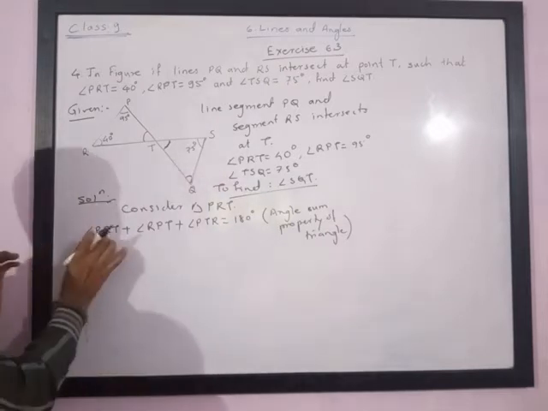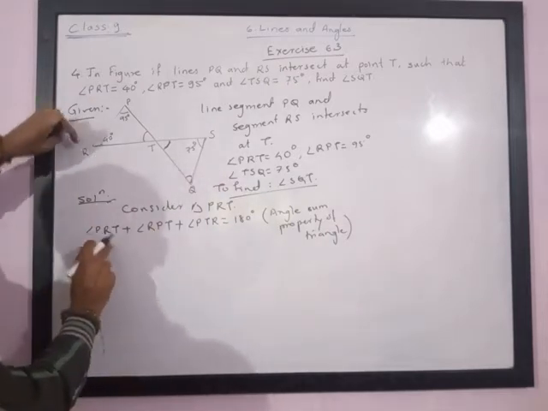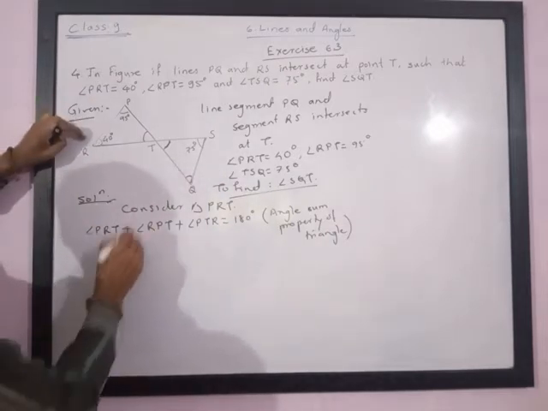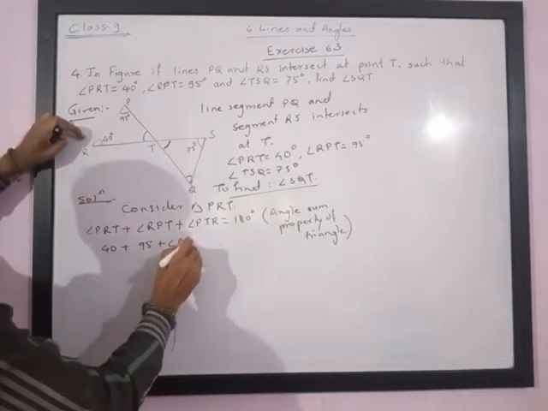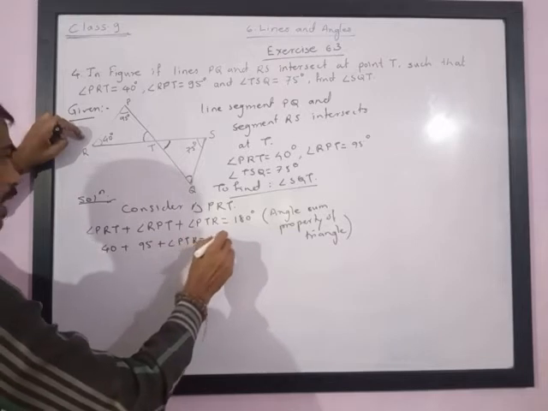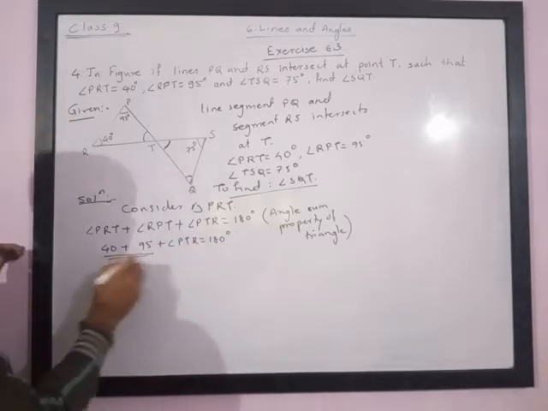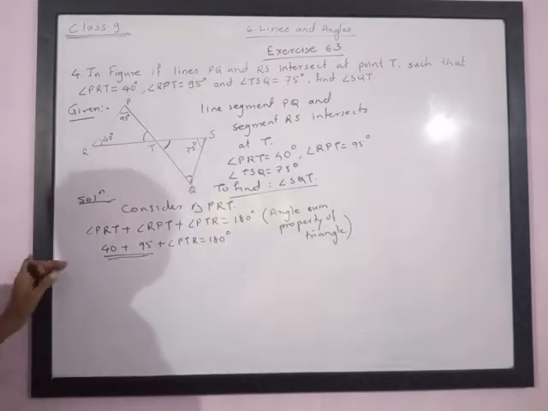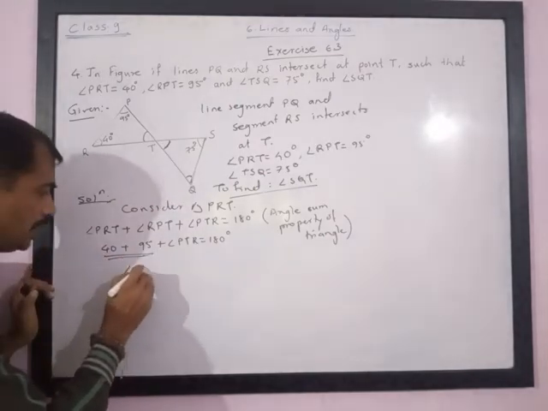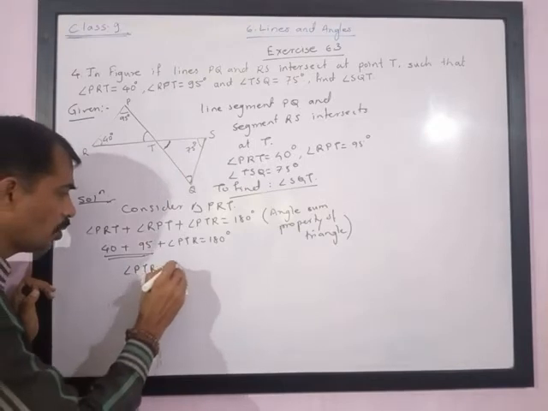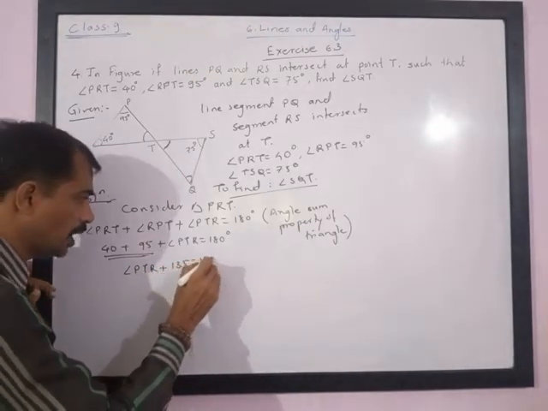So after putting the values, you will get PRT is 40 degrees, this is 95 degrees, plus angle PTR is equal to 180 degrees. Now if this is added, 40 plus 95 is 135. So we will get angle PTR plus 135 is equal to 180 degrees.